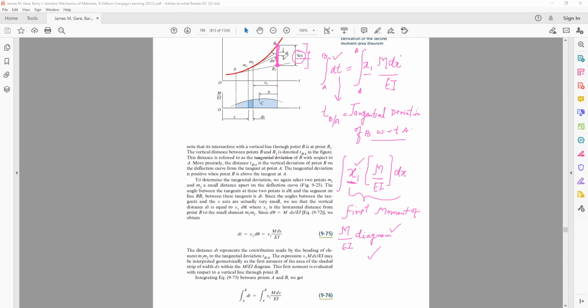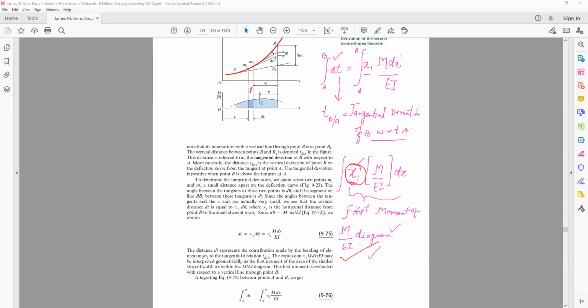That is, when we are calculating the tangential deviation, we are calculating the first moment of the M by EI diagram by taking the product with x1. And this x1 is the distance of the area from the axis from which we are calculating this tangential deviation.